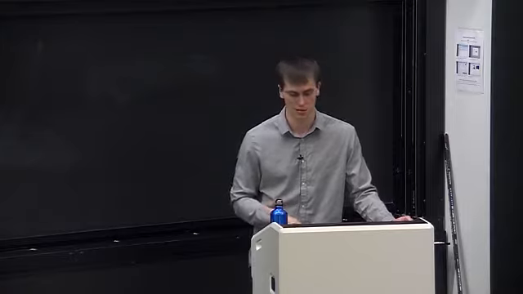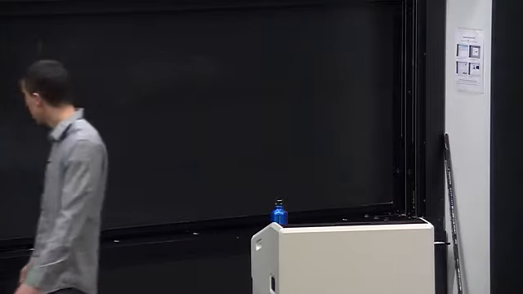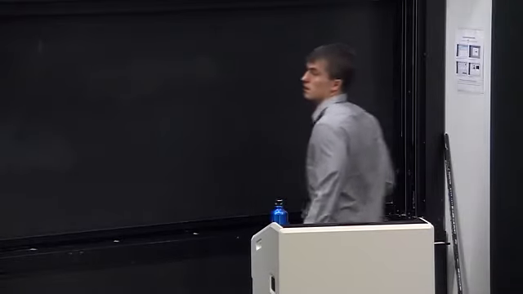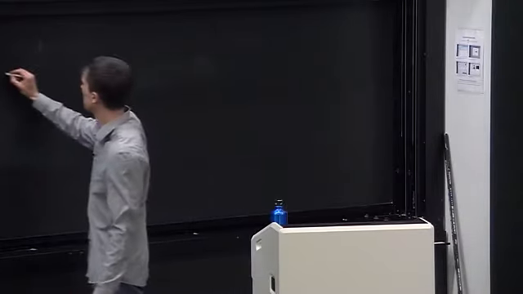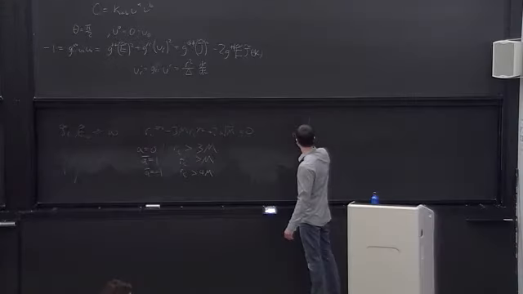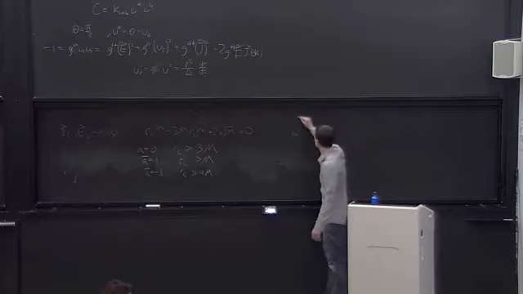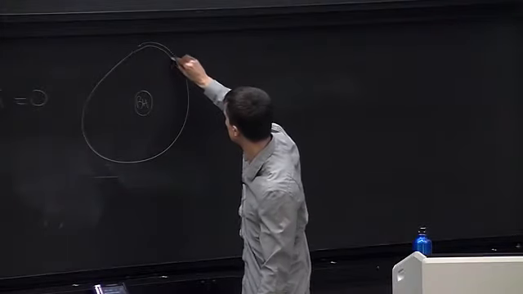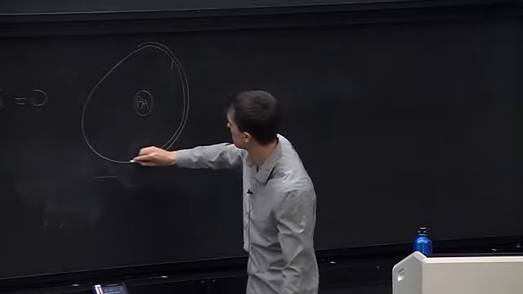So we can think of this orbit as quasi-circular. So say we have our black hole, and then we have some particle here. It's going around in a circular orbit, and it's very slowly losing energy. So the orbit is shrinking.